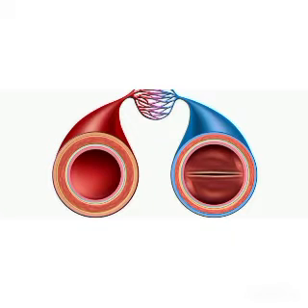Smooth muscle in the walls of veins can expand or contract to adjust the flow volume returning to the heart. What is the function of the veins?